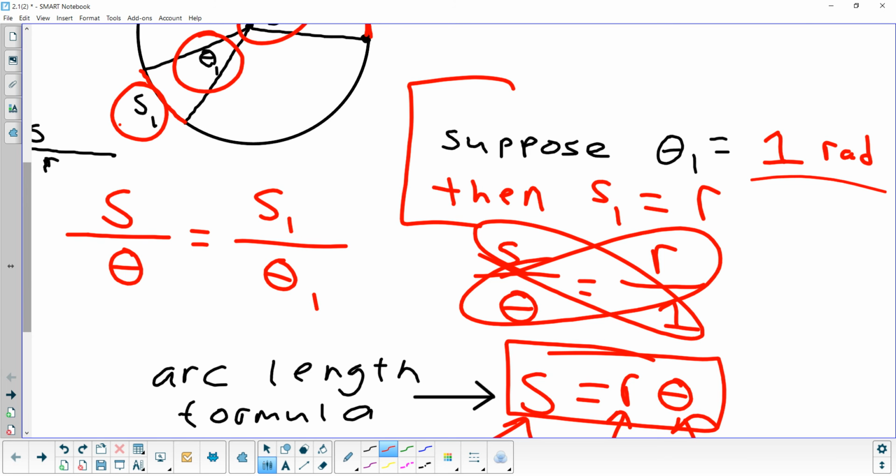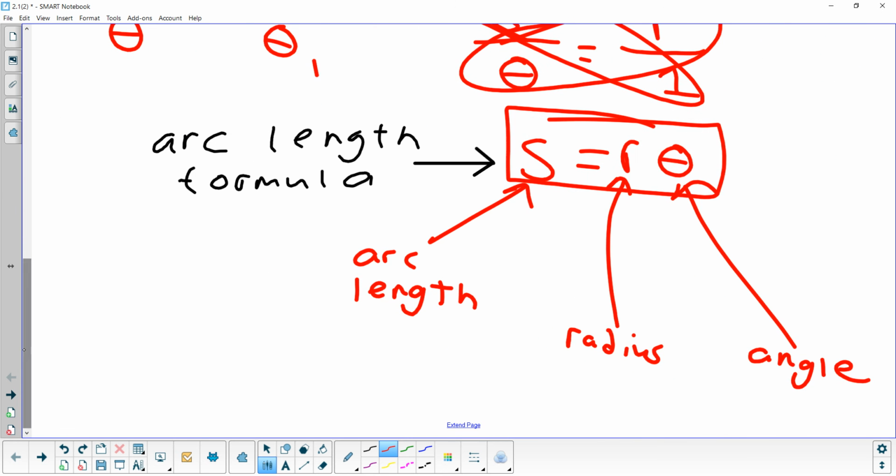Suppose that theta 1 equals 1 radian. We assumed radians because that's the fact I gave you yesterday, right? So we use that fact. That means if you're going to use this formula, your angle has to be in radians. If it was in degrees, that'd be the first thing we have to fix.